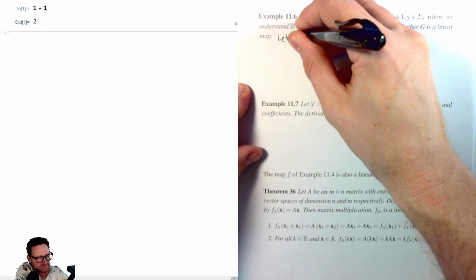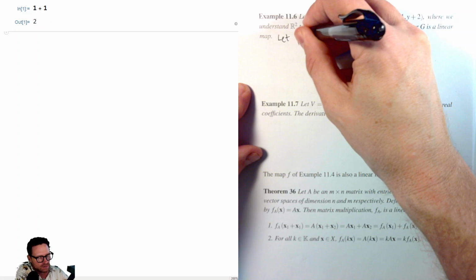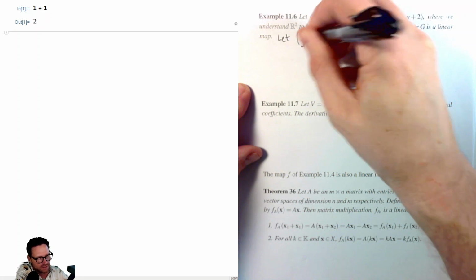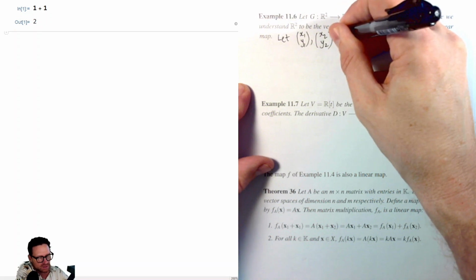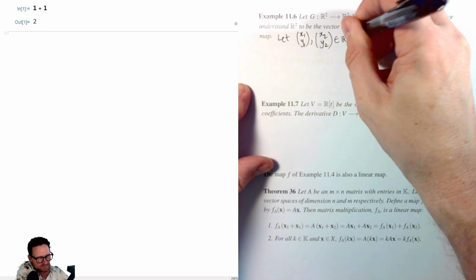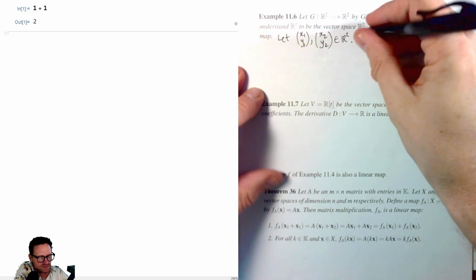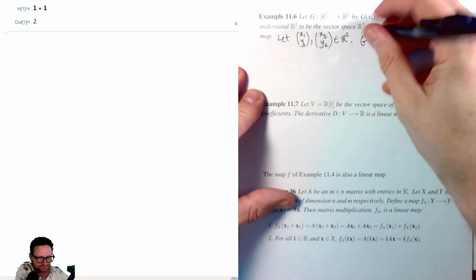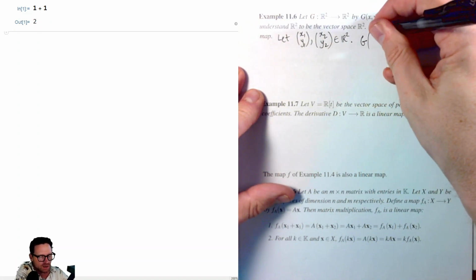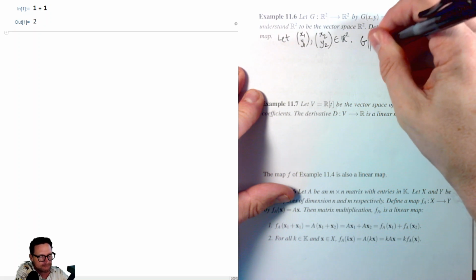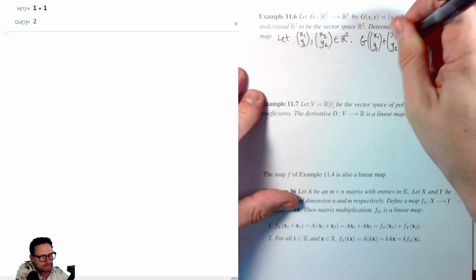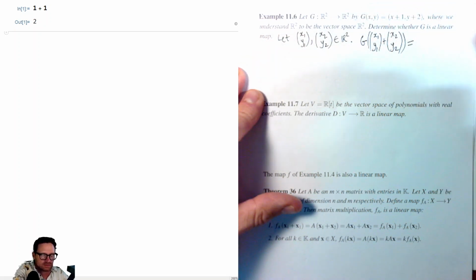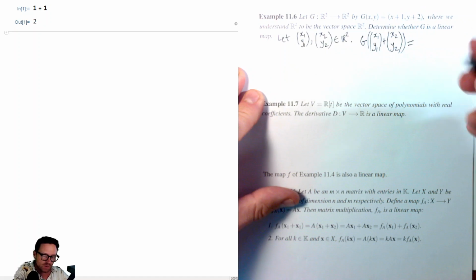So let x1, y1, and x2, y2 be in 2 space. So then G of the sum is, and I'll write this vertically as well.